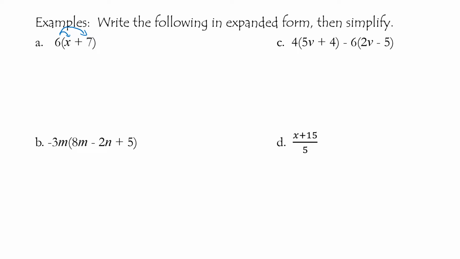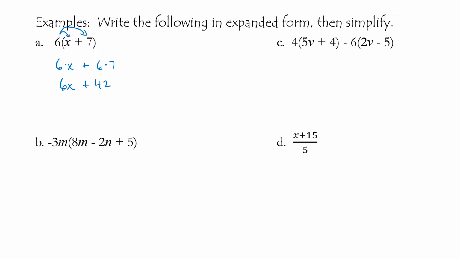Notice how the terms are separated by addition and subtraction signs. That will always be the case. So 6 times x plus 6 times 7. I know 6 times x is just 6x. 6 times 7 is 42. So we get 6x plus 42 as our final version. Again, 6 times x plus 6 times 7 is expanded form, and 6x plus 42 is simplified.